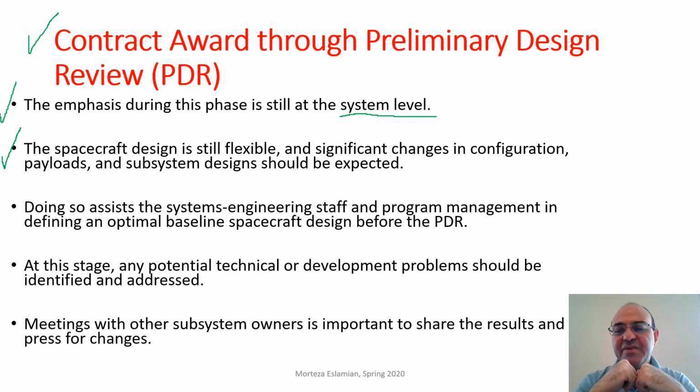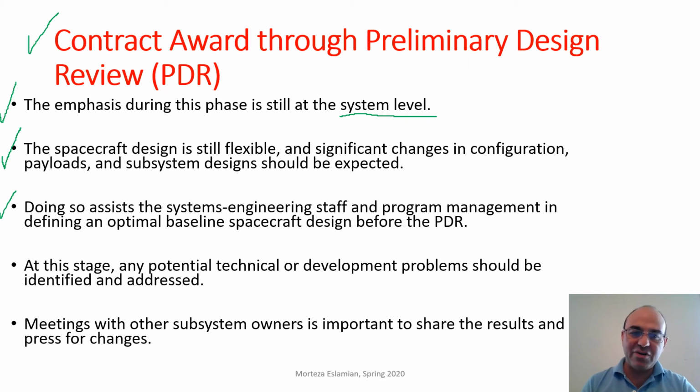Because in the previous phases, like the concept design, there was no detailed analysis, so everything was based on parametric study. So in this preliminary design review, the design will go forward further, but there is still some level of flexibility.